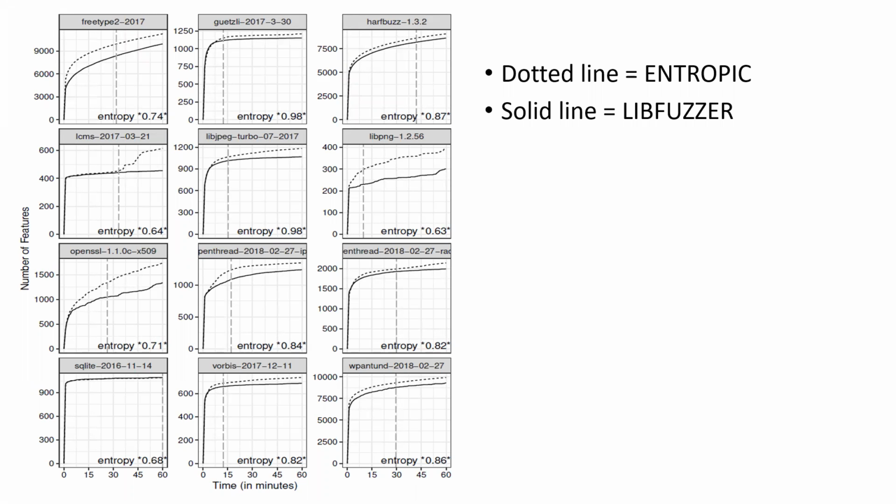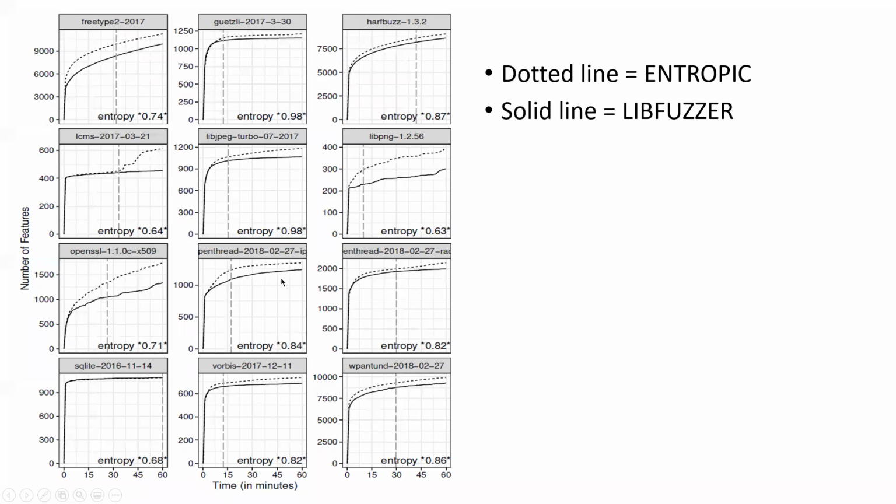The dotted line is the graph for Entropic, and the solid line is for libFuzzer. The number of features is basically the number of species that are discovered by the fuzzer. You can see that for most of the graphs, the Entropic line is higher than the libFuzzer line.